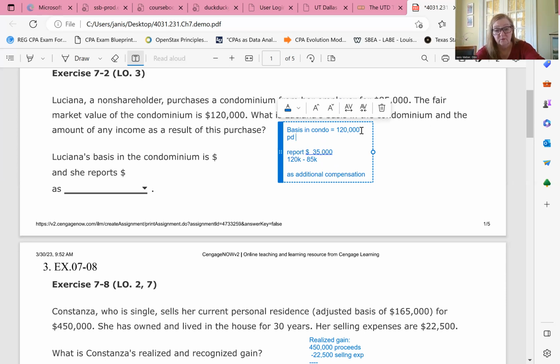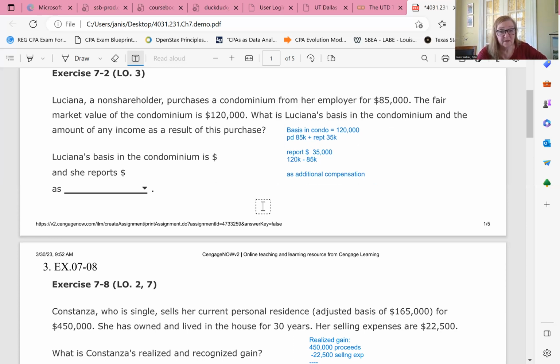She paid 85, plus reported as income the extra difference, 35. So that's a total of 120. That's how she got the total basis back up to the fair market value. Then they're asking us, what is her basis in the condo?